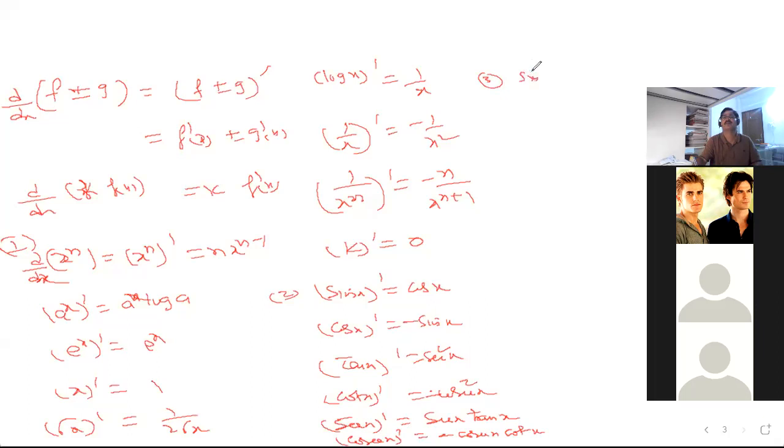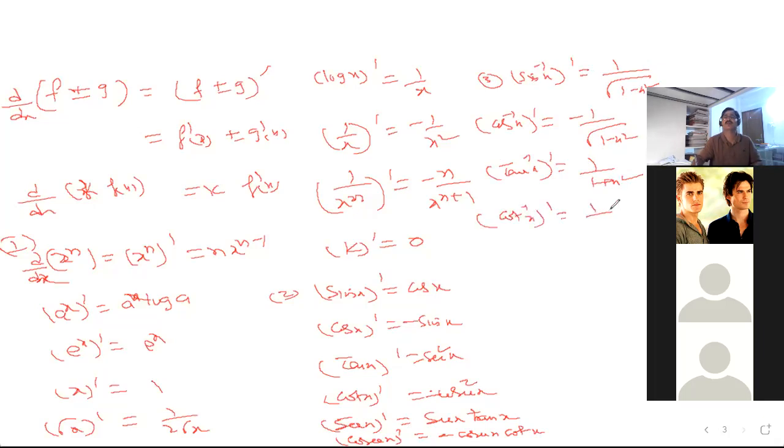And the third set is interesting. See this: sine inverse x dash is 1 by under root of 1 minus x square. Cos inverse x dash is minus 1 by under root of 1 minus x square. Tan inverse x dash is 1 by 1 plus x square. Cot inverse x dash is minus 1 by 1 plus x square.